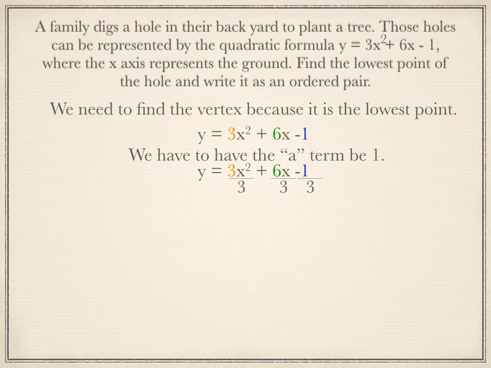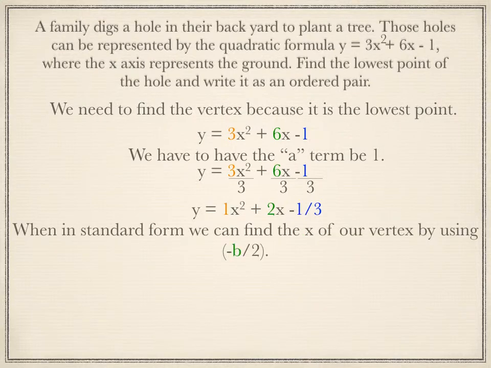But we can't just divide that first term by 3. We've got to divide all the terms by 3 to make sure we're keeping it equal. So we get y is equal to 1x squared plus 2x minus 1/3. Then when it's in standard form, we can find x of our vertex by using negative b divided by 2.